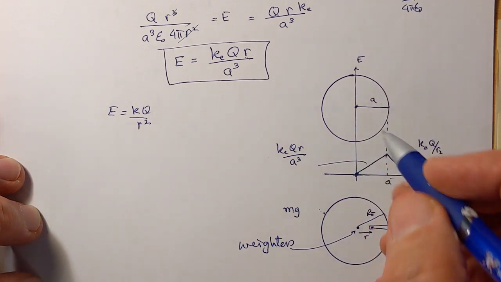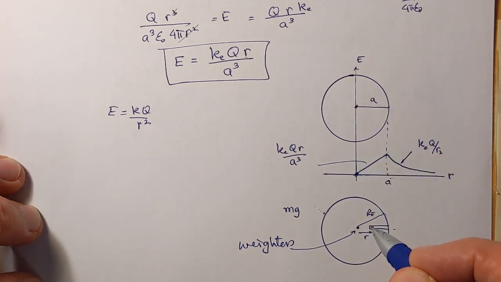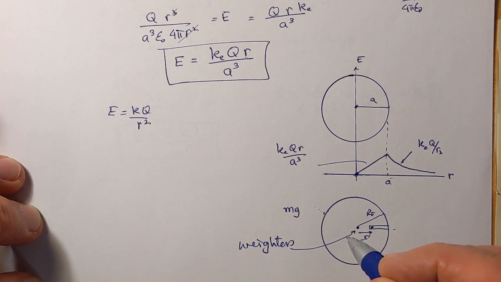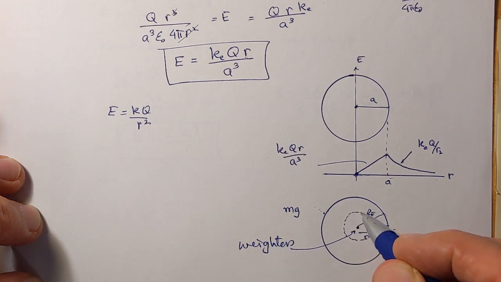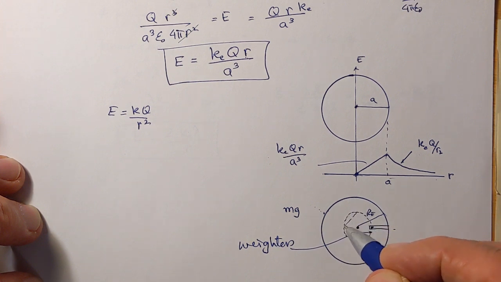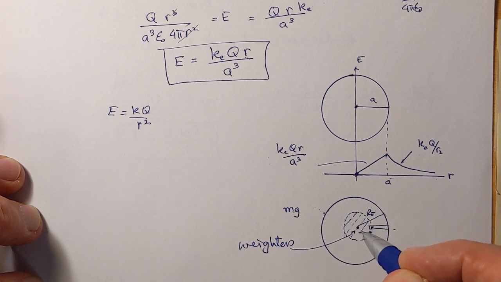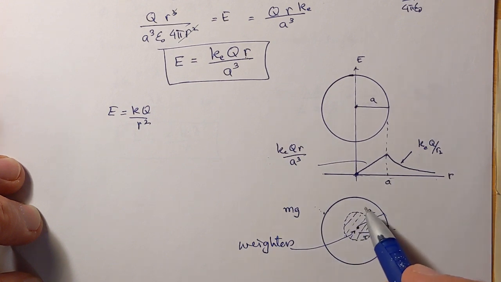Also, the weight over here would depend on the mass of this part of the Earth. So whatever is the mass of this part of the Earth, we would use that and assume that the rest of the mass has no effect.